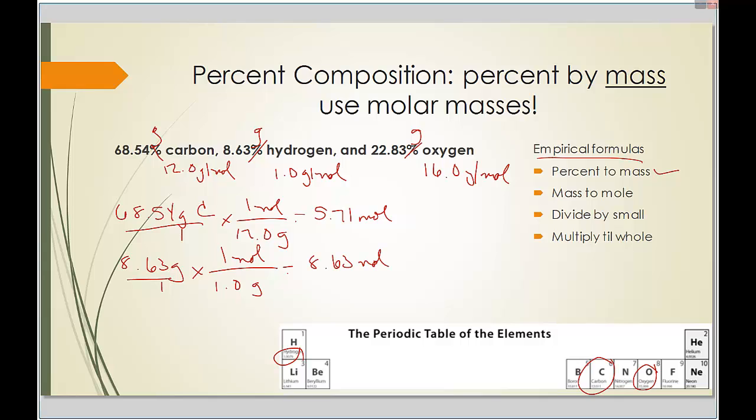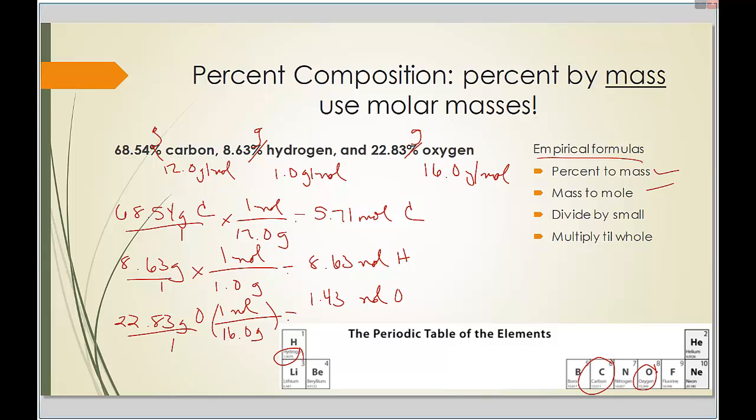I'm going to put carbon up there so we don't forget what we're talking about. 22.83 grams of oxygen now. 16.0 grams for every mole. That comes out to be 1.43 moles of oxygen. So percent to mass, mass to mole, divide by small.